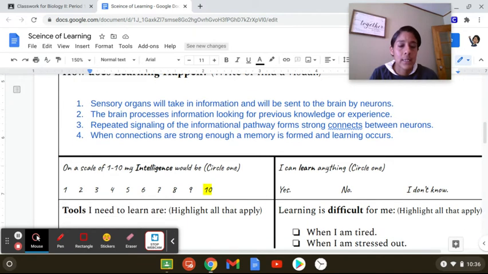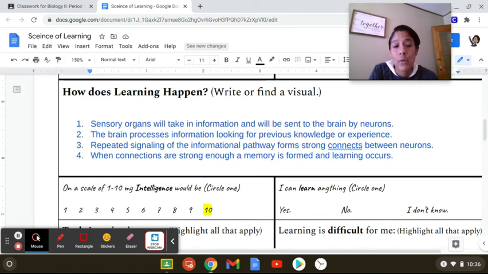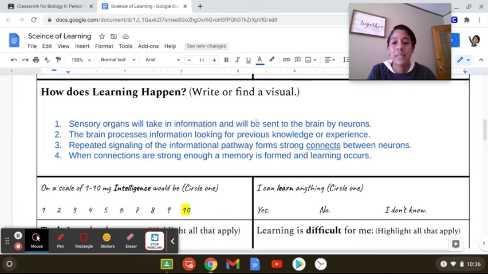So first thing that's going to happen is that the sensory organs will take in information, and that information will be sent to the brain through neurons. I'm just going to add a little bit in there, make it a little more clear.